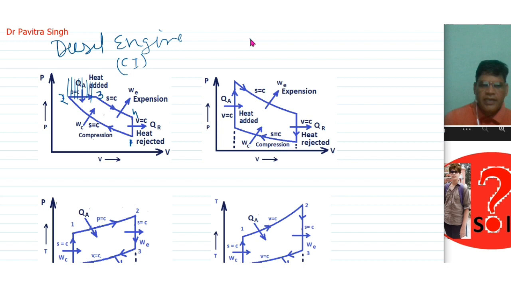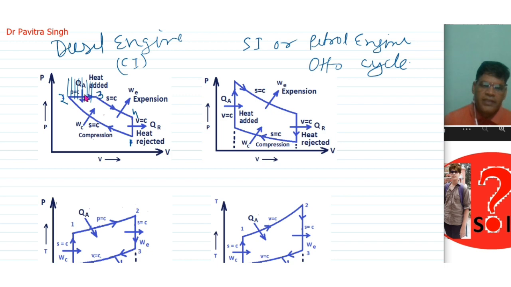Okay, and this is the SI engine, SI or petrol engine, petrol or gasoline engine, and this works on the Otto cycle. Okay, so in the case of the diesel engine, heat addition is taking place at constant pressure, and in this case heat addition is taking place at constant volume. Okay, and the remaining processes are the same, so the only difference is heat addition at constant pressure in the diesel engine, and heat addition at constant volume in the petrol engine.